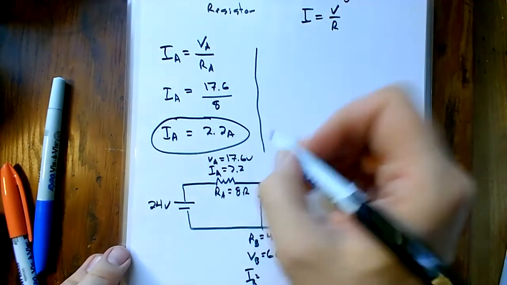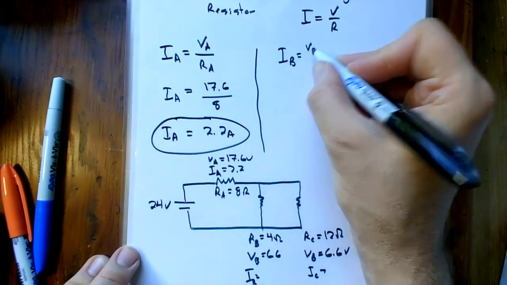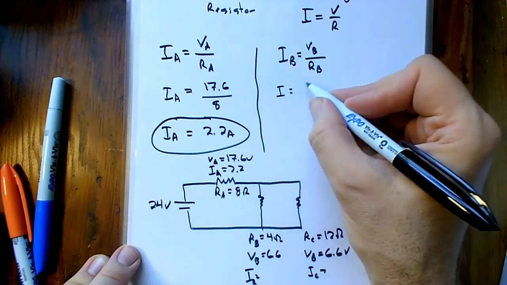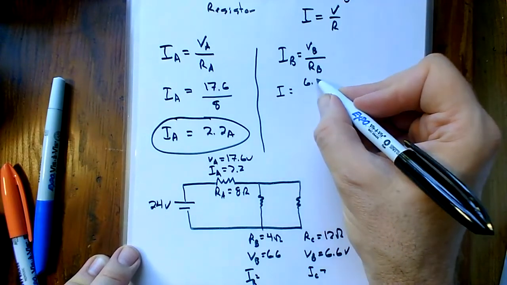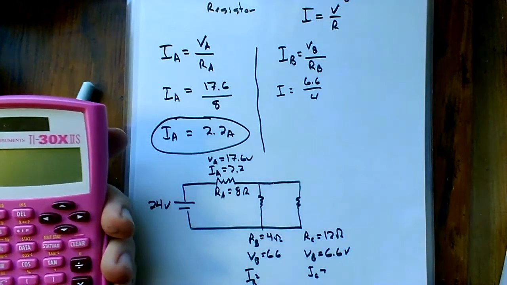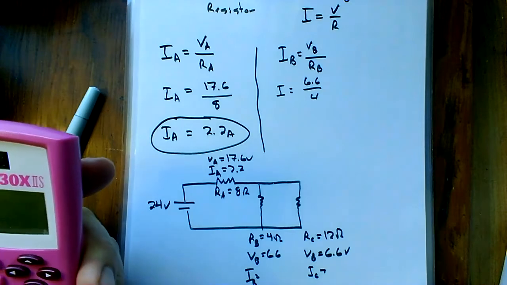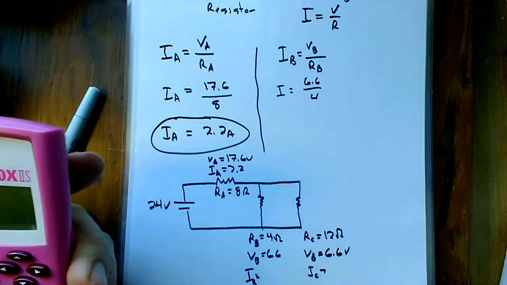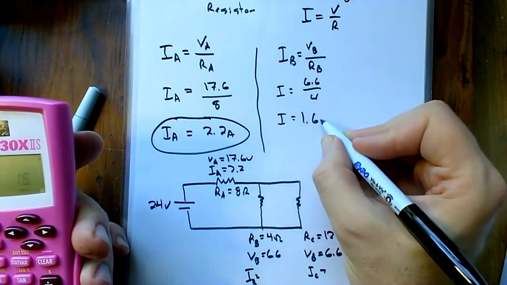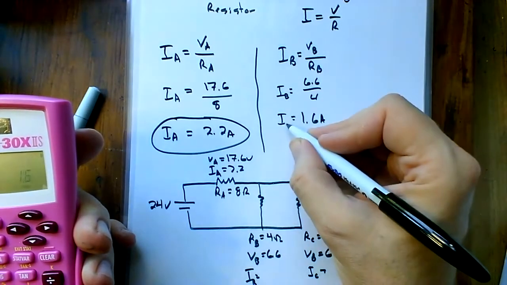Okay, well, current through B is going to be that voltage drop in B over my resistance B. So in this case, that's going to be 6.6 divided by 4. Here, this current is going to end up being 1.6 amps. So that's my current across B.